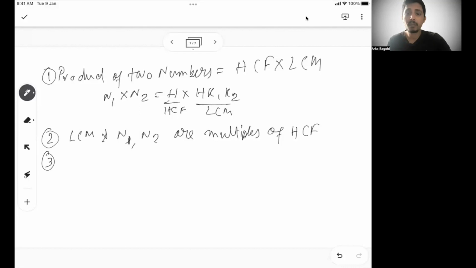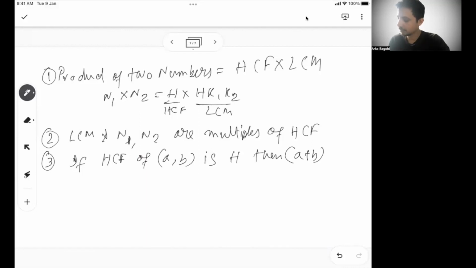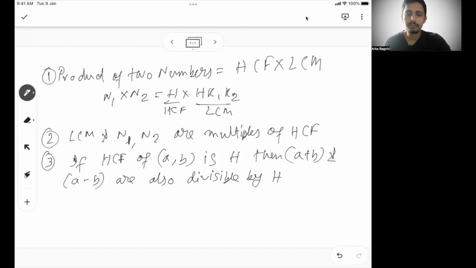Now, number 3 is: if HCF of A and B is H, then A plus B and A minus B are also divisible by H. If the HCF of two numbers is H, it can also divide individually the sum and the difference of the two numbers. So this is another important thing.